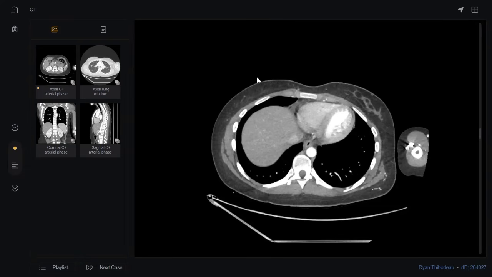How many granulomatous diseases do you know? Sarcoidosis? TB is not common to cause vasculitis. Not TB, not sarcoidosis. The last one, syphilis. Syphilis.